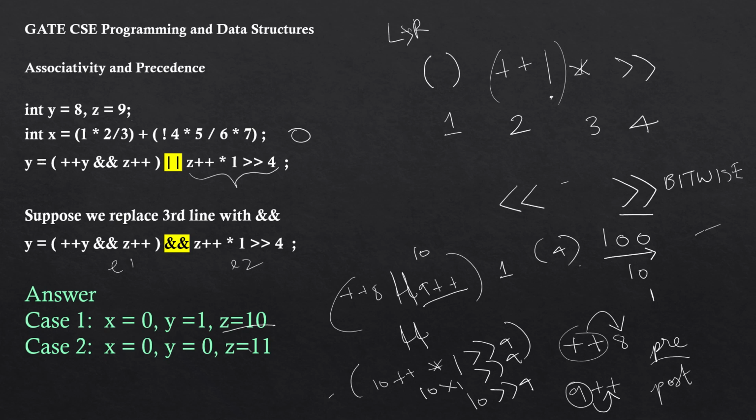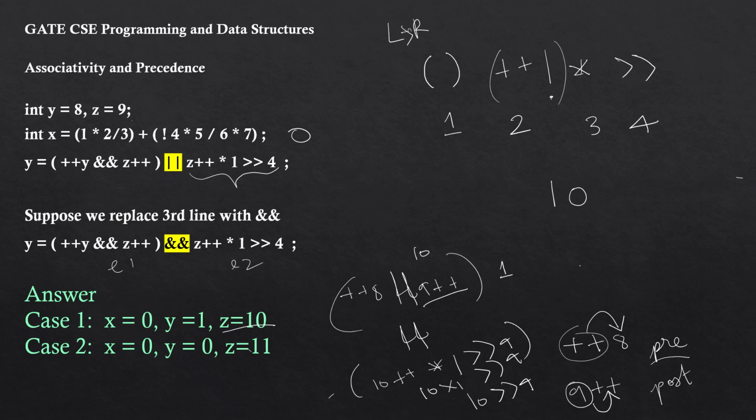Now here in the question it is 10 right shift 4. That is shift 10, the binary value, by 4 times. What is the binary value of 10? 1 0 1 0. Now shift this 4 times. When we shift by 1 bit, it becomes 101.